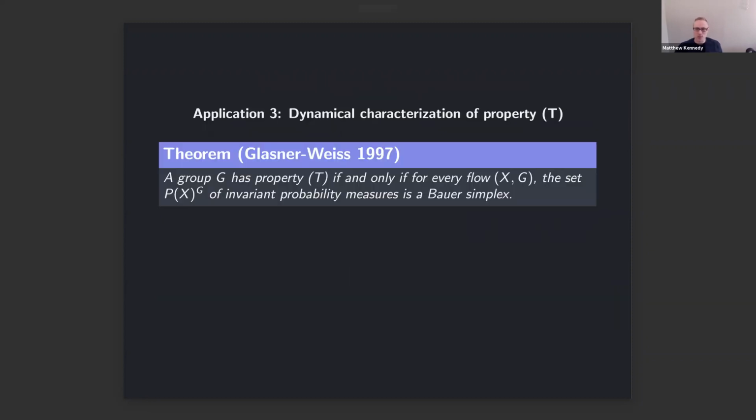So the third application I want to mention is a more recent characterization due to Glasner and Weiss of property T groups. I'll gloss over the definition of property T and come back to that because I'm going to mention this again. But what Glasner and Weiss showed is that a group has property T if and only if, whenever it acts on a flow, or on a compact G-space, the set of invariant probability measures is a Bauer simplex.